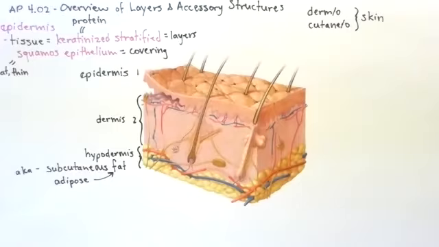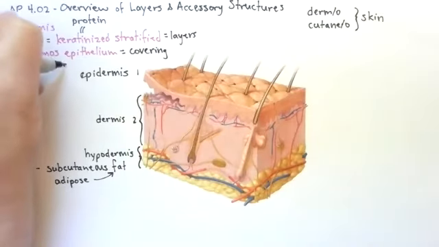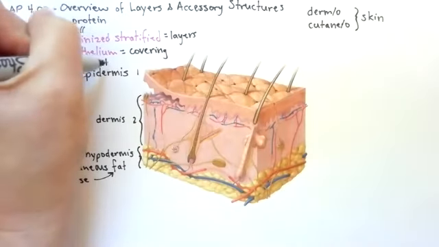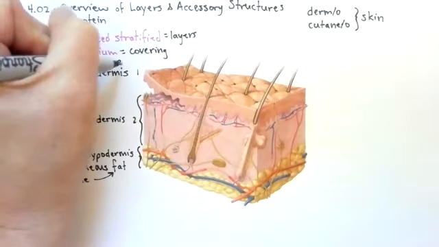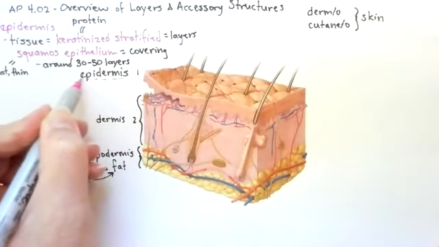But all told, there are around 30 to 50 layers of cells in the epidermis, to give you an idea.